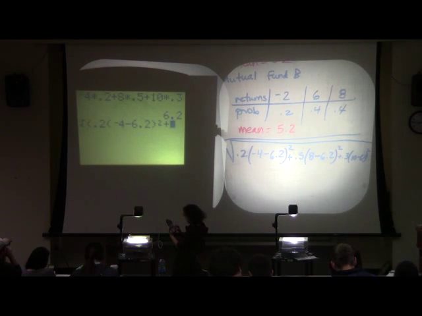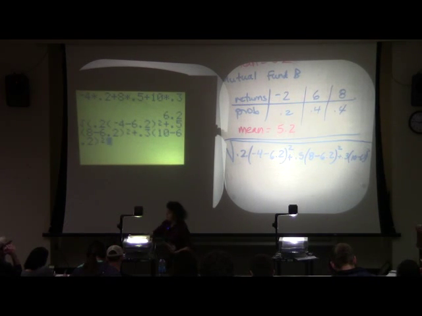Plus, I have 0.5, parenthesis, 8 minus 6.2. I close that parenthesis and square it. And last but not least with this guy, I have 0.3, and then I have 10 minus 6.2, and I square it. I'm not done.